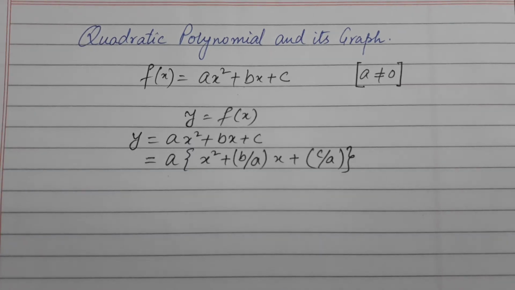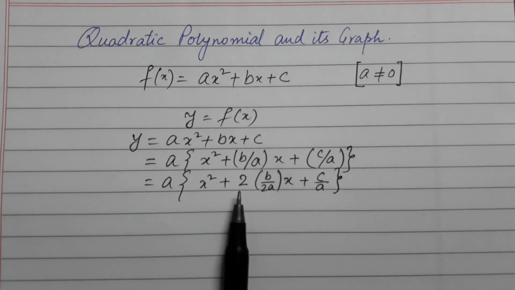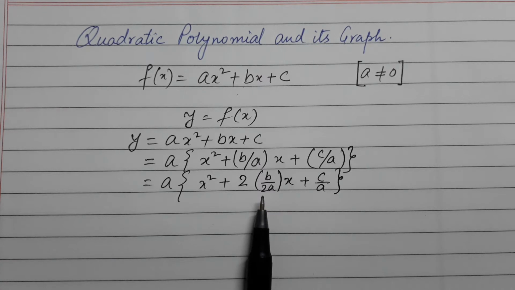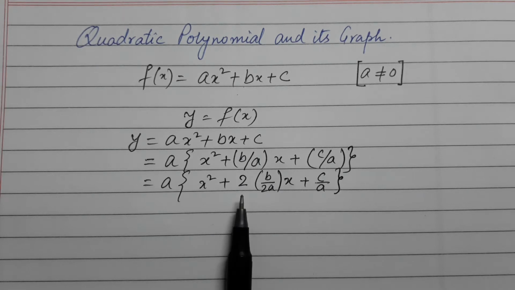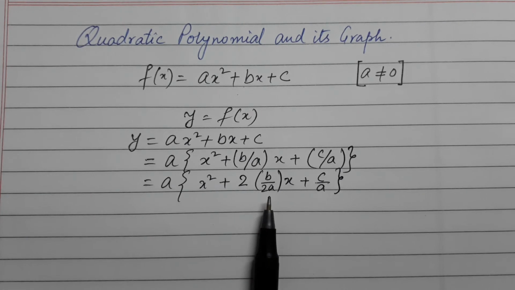Now let us take a common. So it will become a into (x² + (b/a)x + c/a). Here I have multiplied by 2 and divided by 2 in the term of x. Now we have x² + 2xy.